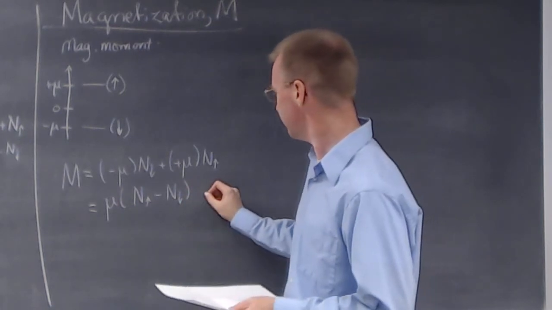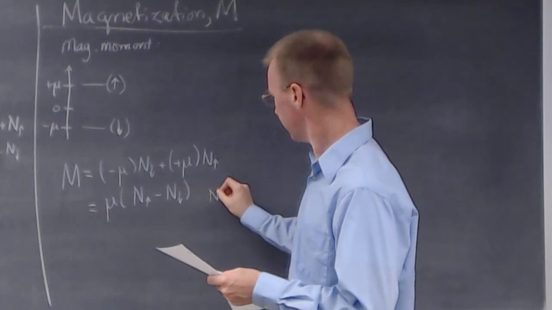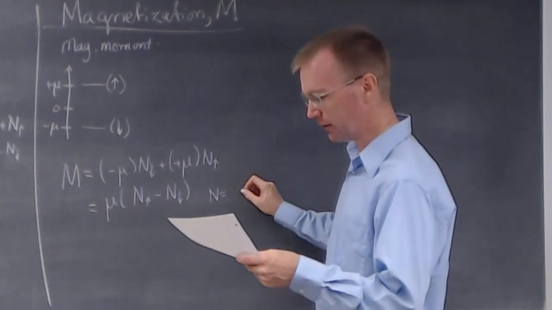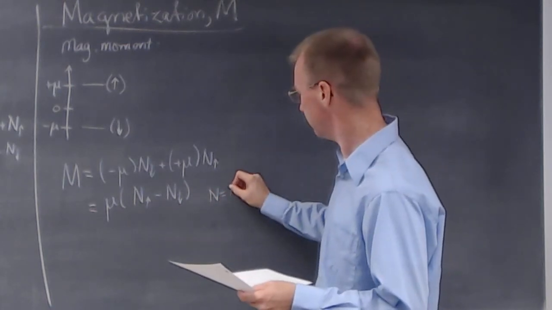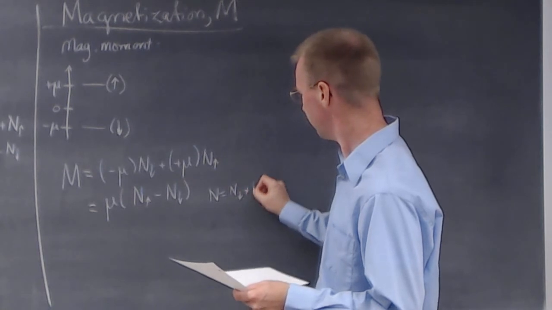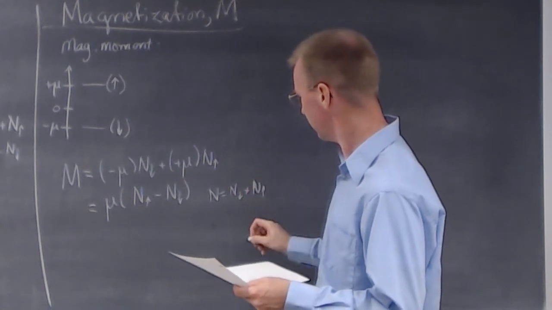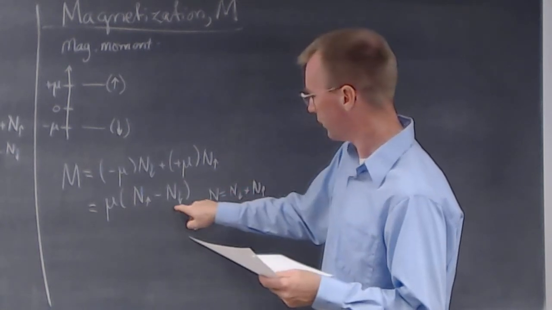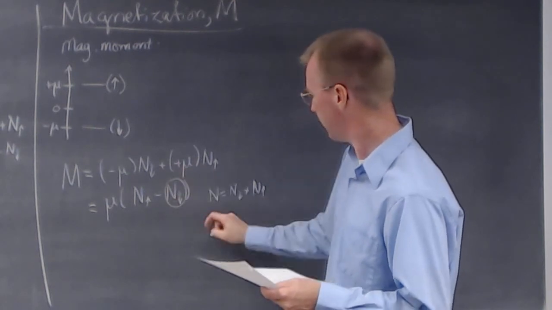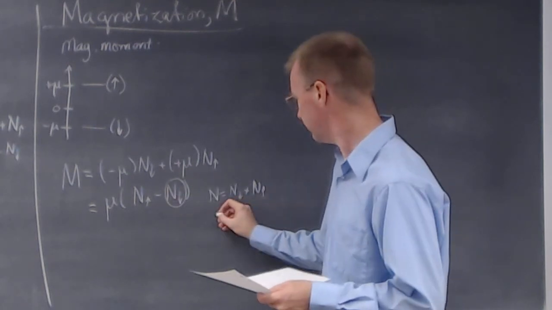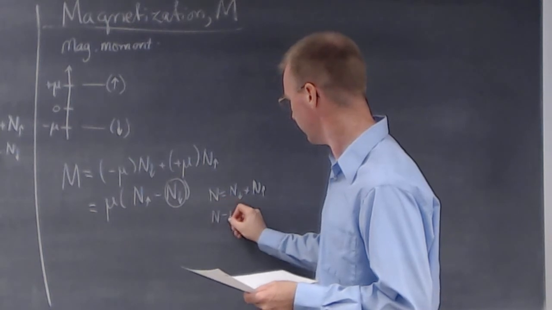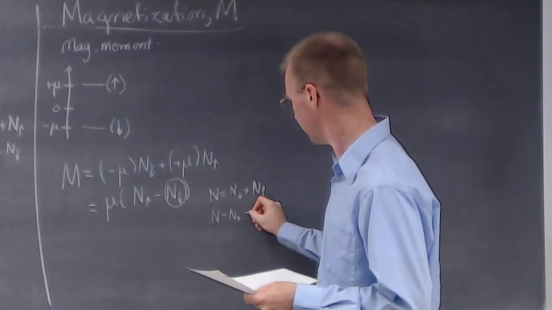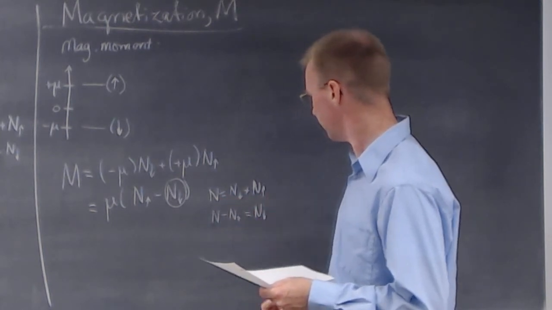And just as before, since the total, n, is the number up plus the number down, then I want to get rid of number down. I solve for the number down here. There.